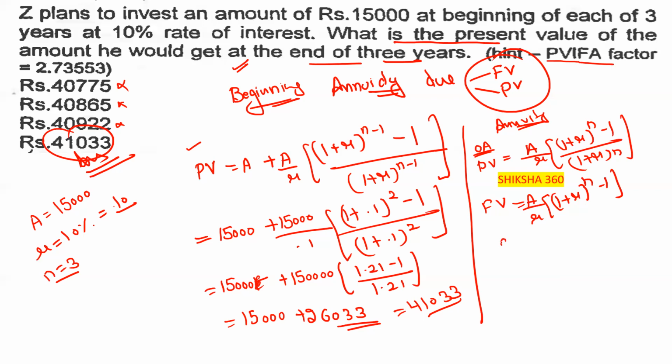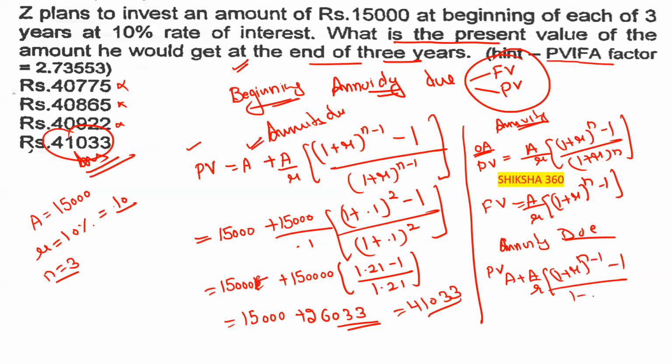Now in the case of annuity due, the present value, which we have already discussed, is A plus A upon R into 1 plus R power n minus 1 upon 1 plus R power n minus 1.